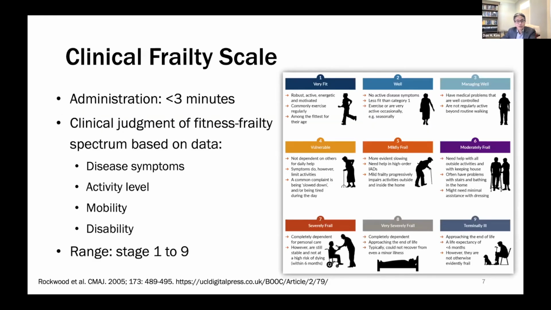Here is an example of a simple frailty assessment. The Clinical Frailty Scale is based on a clinical judgment of fitness to frailty spectrum based on data such as disease symptoms, activity level, mobility, and disability. It ranges from stage 1 to 9, as shown in this figure on the right, and stage 5 or higher is considered frail.